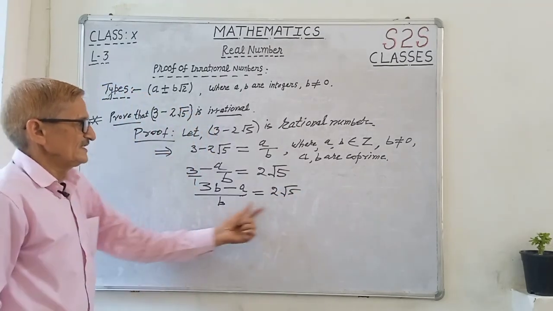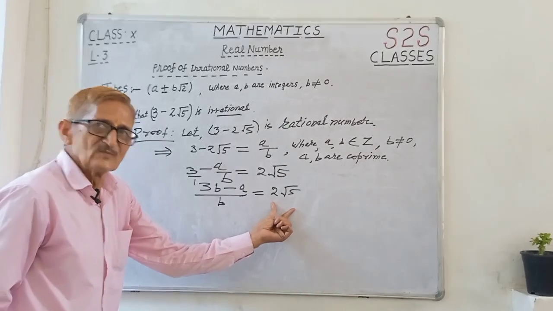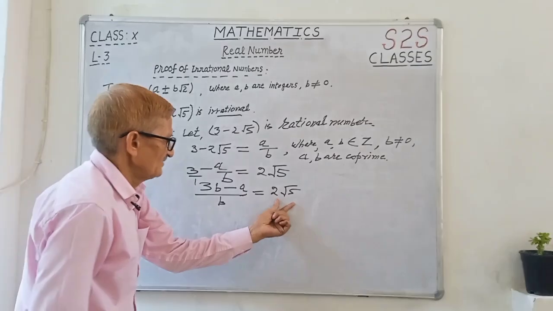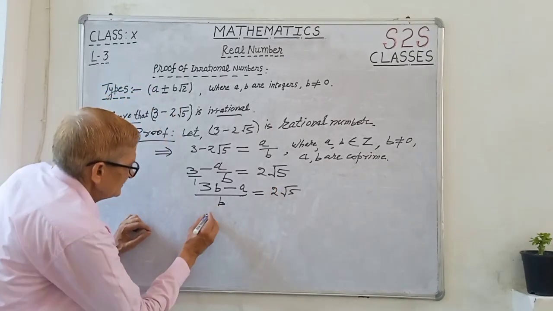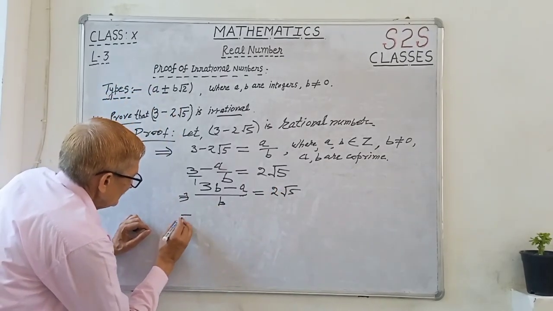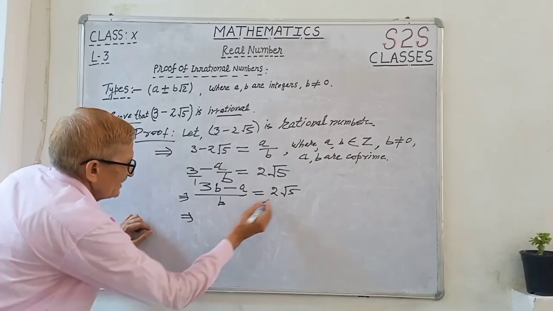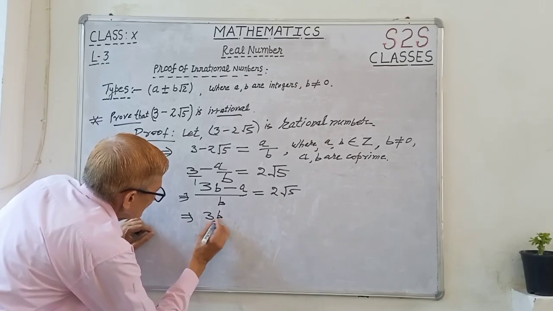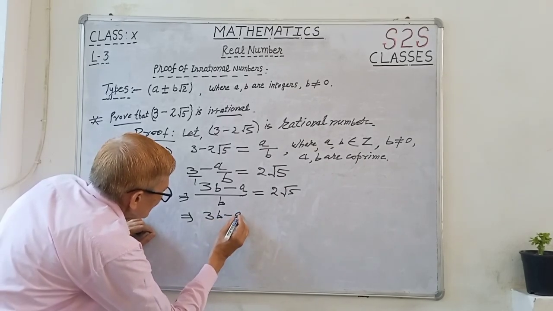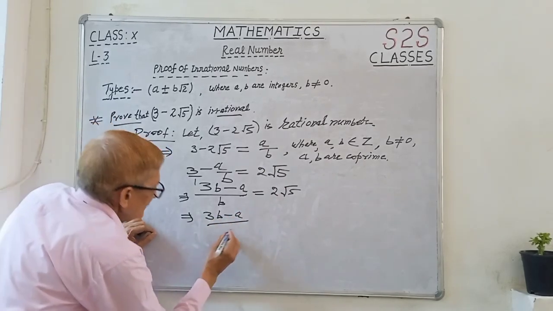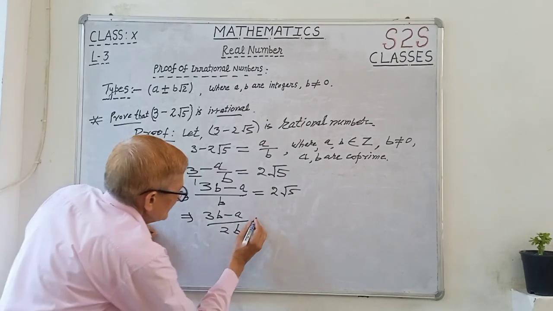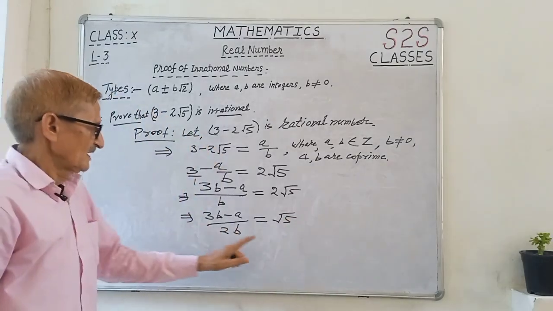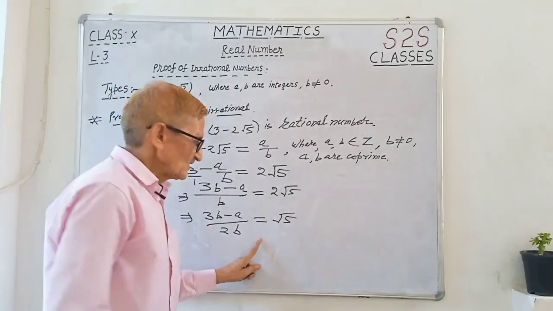Now only the irrational part on one side, the other taken on the other side, always. After that, here multiply by 2, then 2 will come in the denominator. So we can say only √5 you should keep here, then 2b take that side. So (3b minus a) upon 2b is equal to √5.